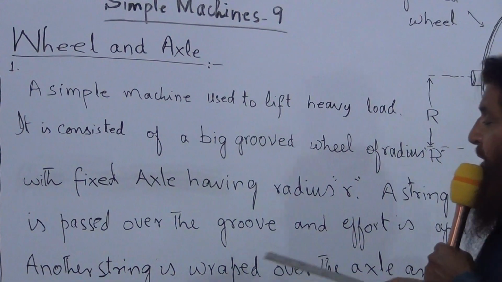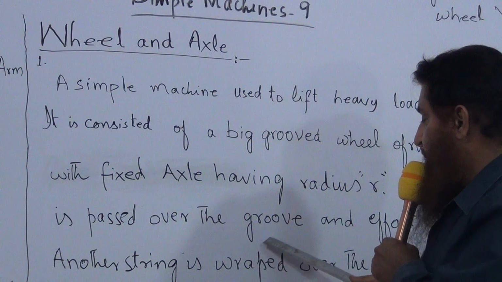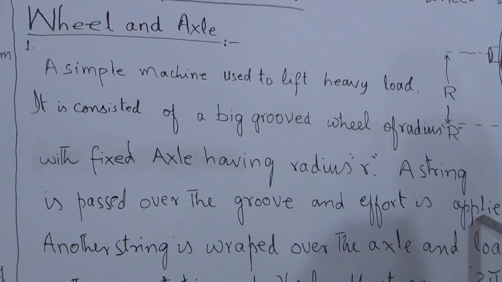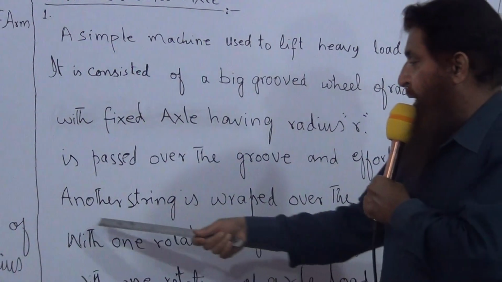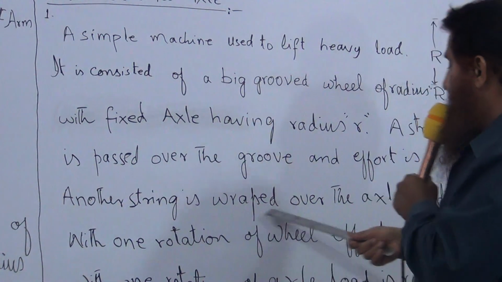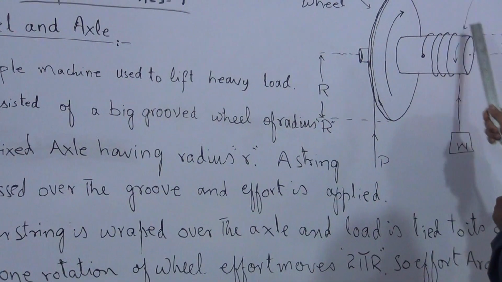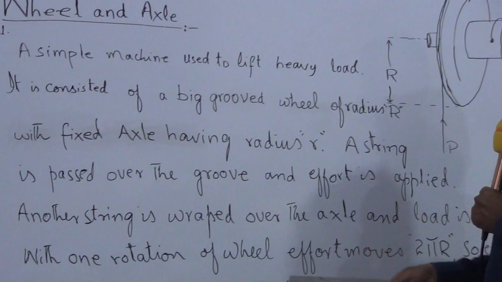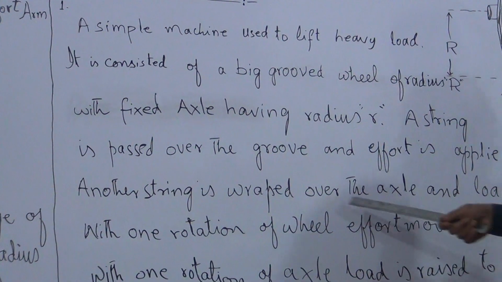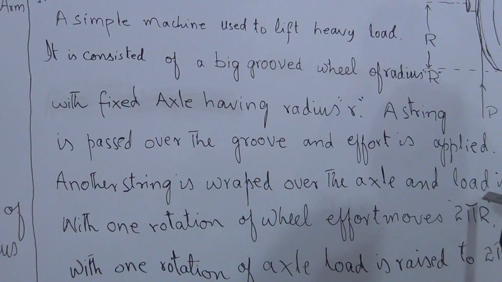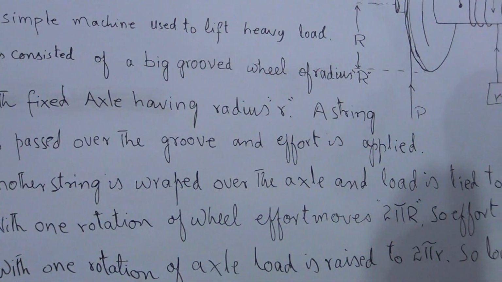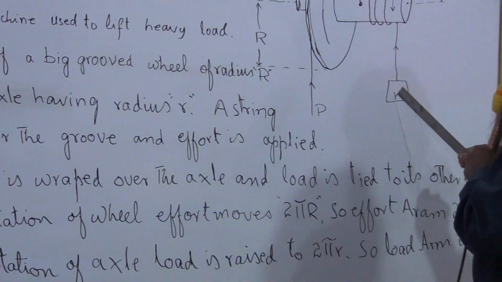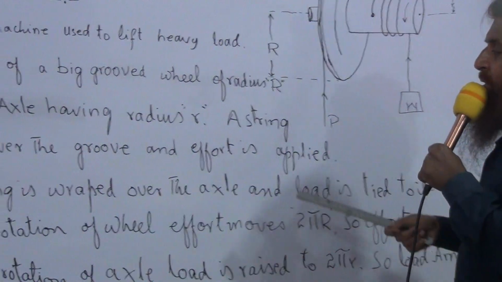A string is passed over the groove and effort is applied. And the other string is wrapped over the axle, and the load is tied to its other end. Here the load is tied, one end is fixed.